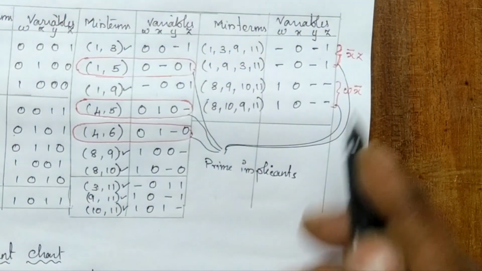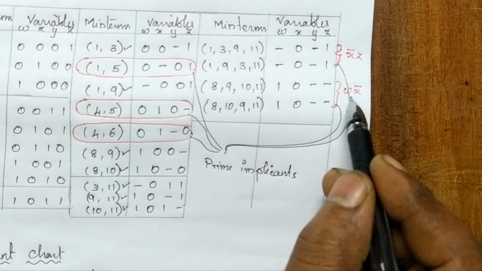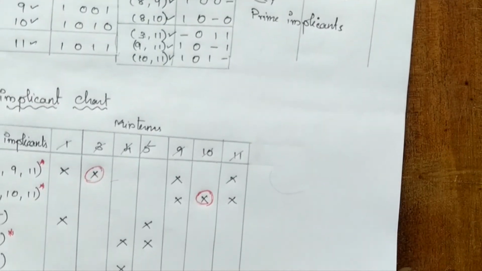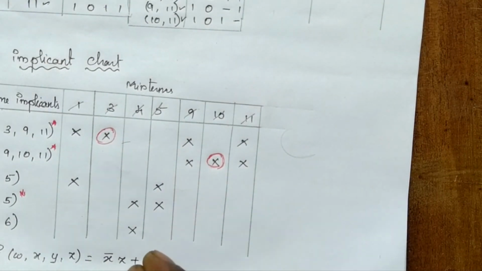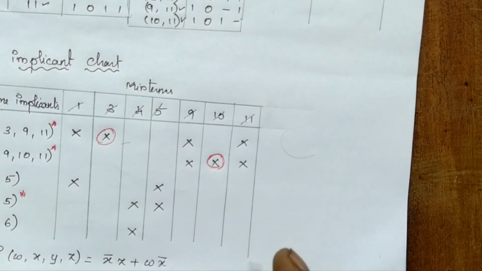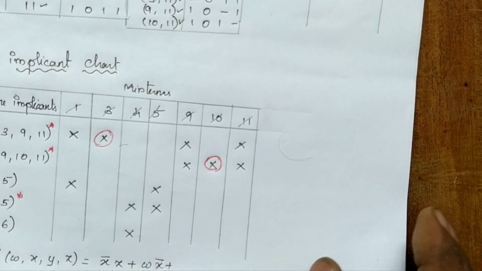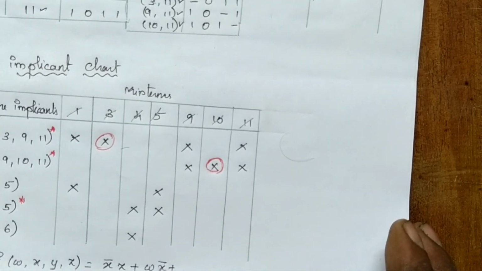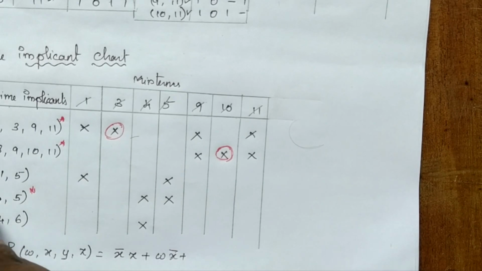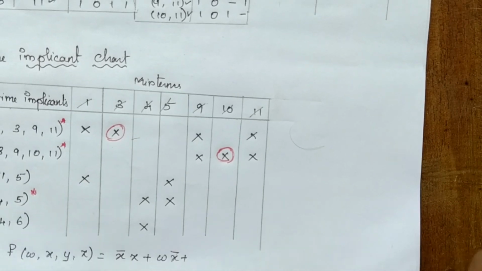Here the value is w x bar, plus the next prime implicant, 4, 5.